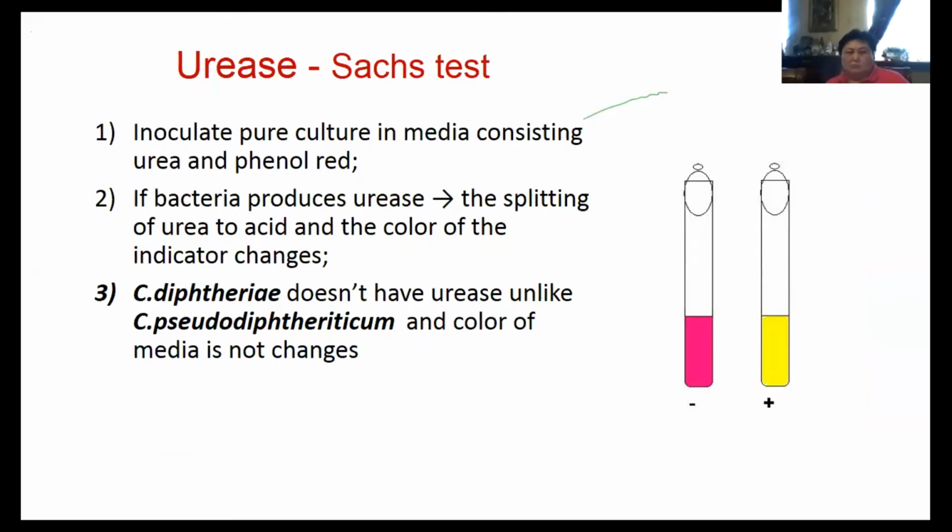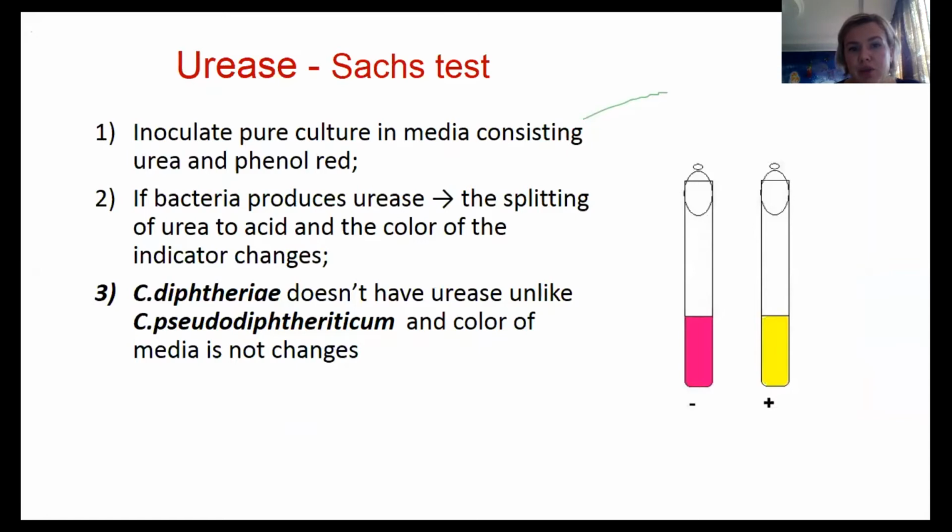Next, Zaks test, the urease test. You should prepare the medium consisting of urea and phenol red. Phenol red, if you remember, is an indicator which shows us changes of pH. If the pH changes to acid condition, phenol red becomes yellow.